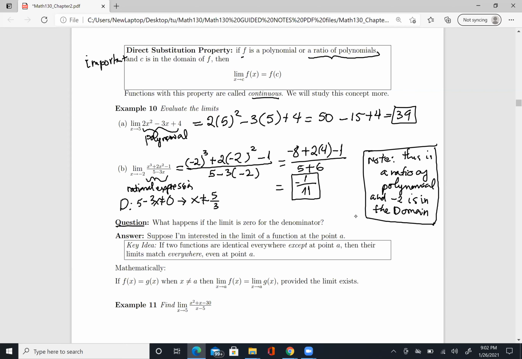So, question: what happens if the limit is 0 for the denominator?